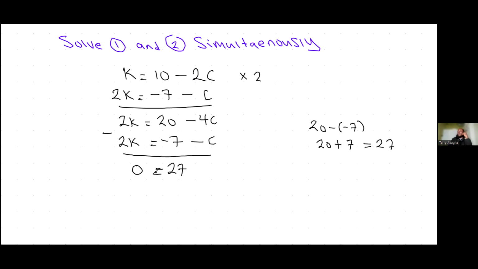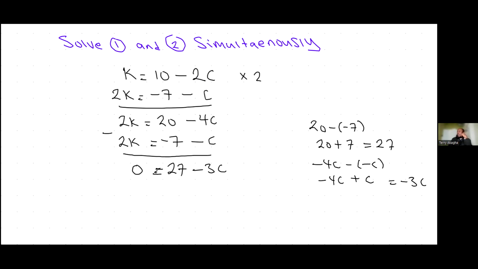Then the next one is minus 4c minus minus c. Minus times minus is plus, so it's going to be minus 4c plus c, and that will give you minus 3c.